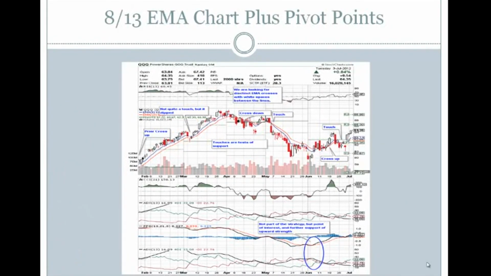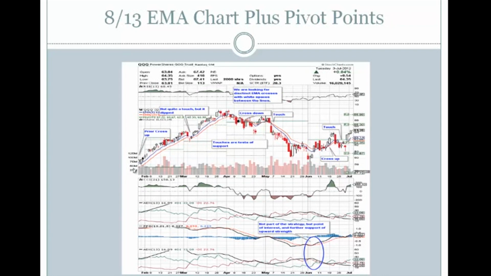This is the 8 and 13 EMA chart, plus it has the pivot points, and as you can see I have removed all of the EMA indicators except for the 8 and the 13, and I did this just so that it wouldn't confuse the eye as far as actually looking for crosses.